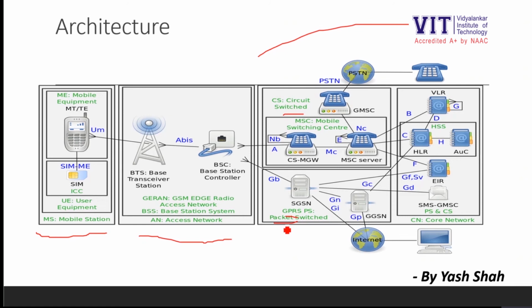Now let us come to the most important section of the architecture, which we will require to understand the security aspect. That is the core network. Inside the core network, the three vital components present are the VLR, the HLR and the AUC. Let me state the full form of the three. The HLR stands for Home Location Register. VLR stands for Visitor Location Register.